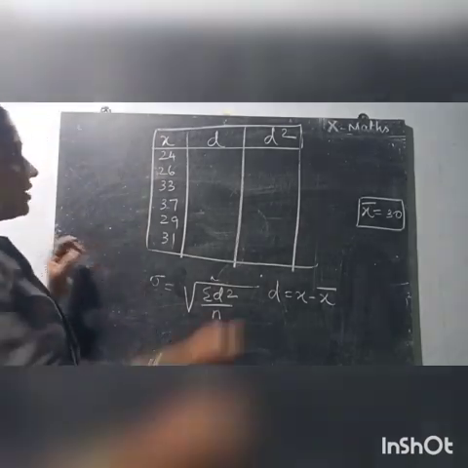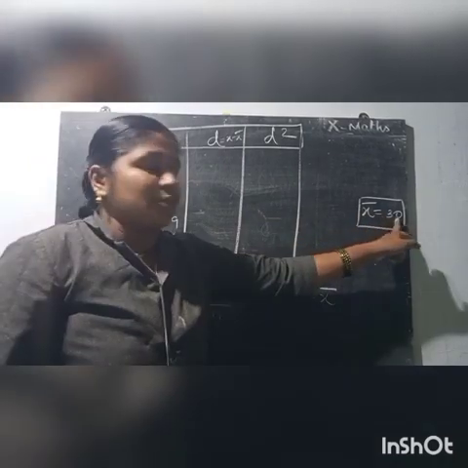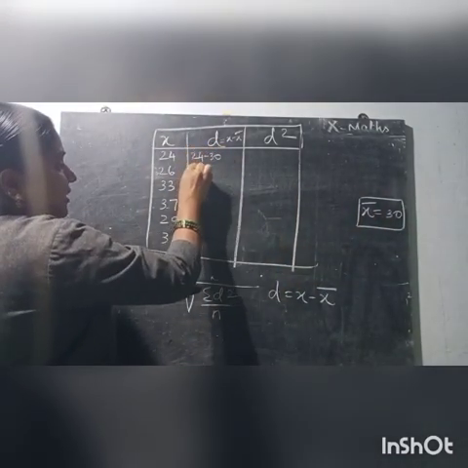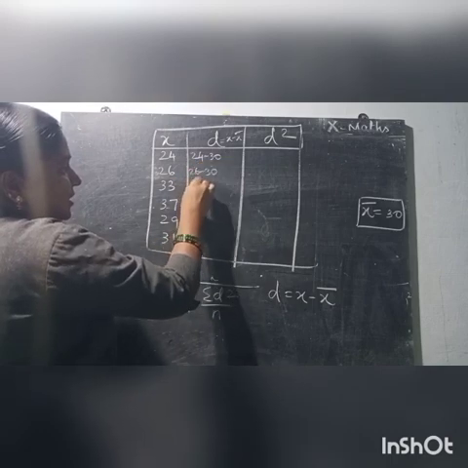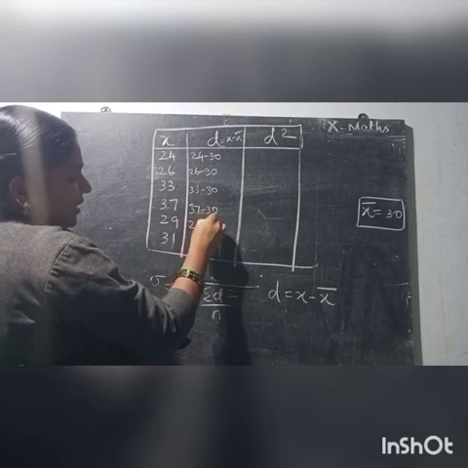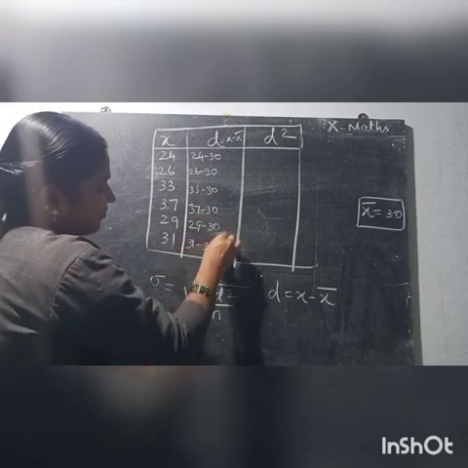See, first, d equals x minus x bar. So the x bar value is 30. So 24 minus 30, 26 minus 30, 33 minus 30, 37 minus 30, 29 minus 30, then 31 minus 30.